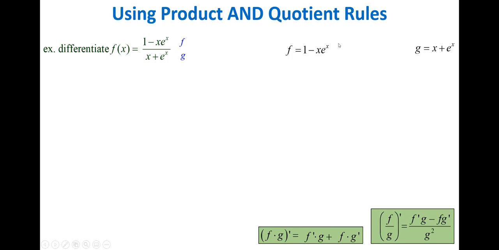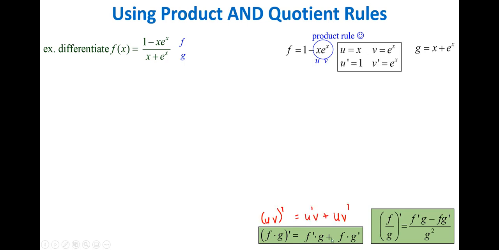And then when I go to find f prime, I see here that I need to use product rule to take the derivative of the numerator. Right? So I'll make x e to the x, I'll give it its own chart. And instead of using f and g, I'll use u and v for the two factors. So this will become uv prime is equal to u prime v plus u v prime.